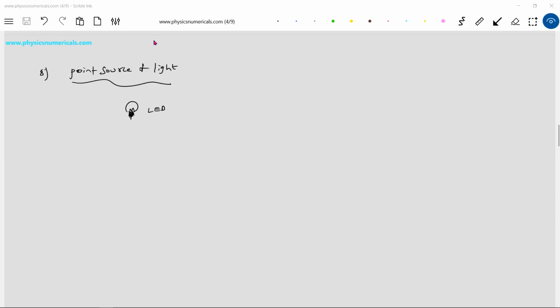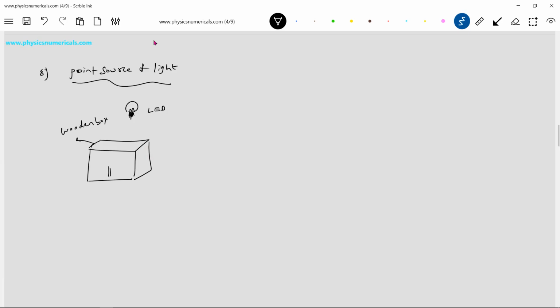Okay, after this. Now, how to produce a point source of light? LED, or else I'll take a cardboard wooden box and fit a tungsten filament bulb.